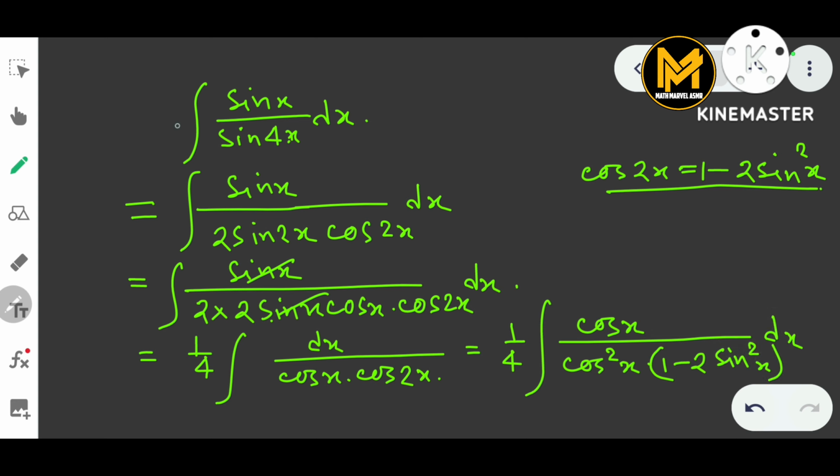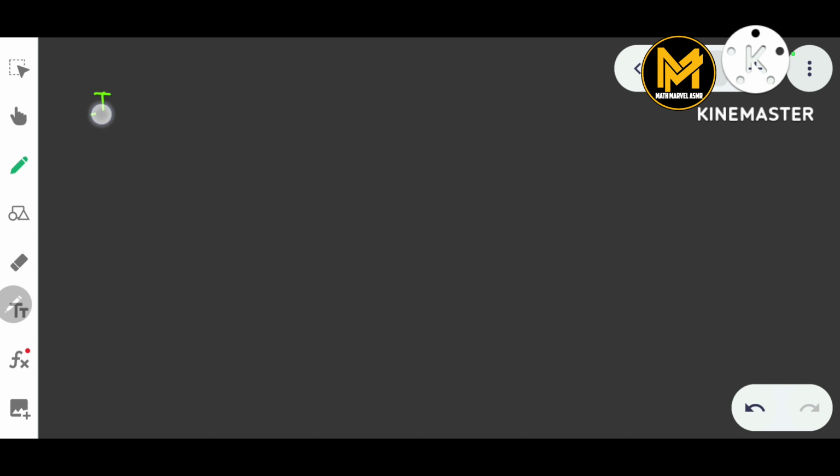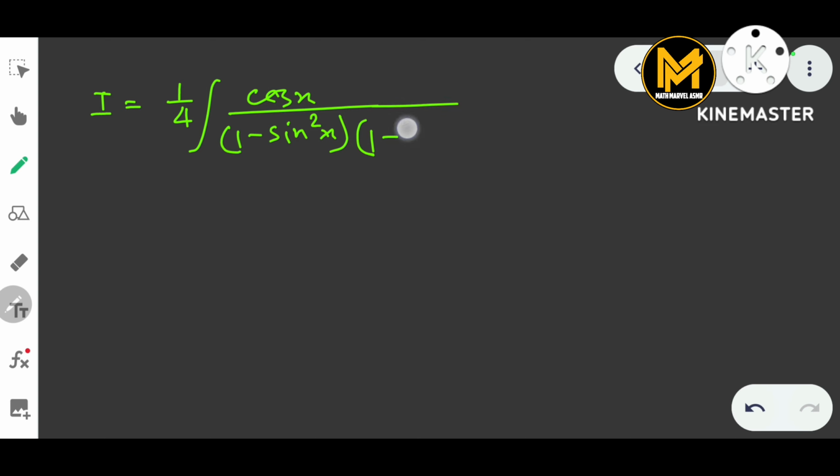Now let the integration be equal to I. So we got I is equal to 1 by 4 integration of cos x divided by cos squared x, which will be managed as 1 minus sin squared x, and 1 minus 2 sin squared x into dx.